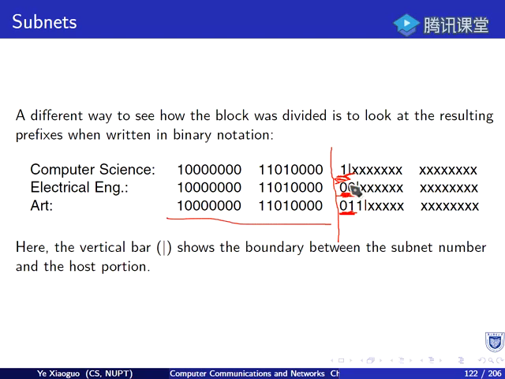So this is 0, 0, 1. Then the third bit can be set 1 or 0. We will have exercises in the next class. So probably you cannot understand these subnetting schemes very well. It doesn't matter. We will have some exercises the next time.